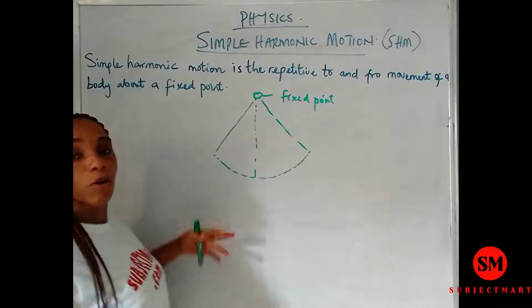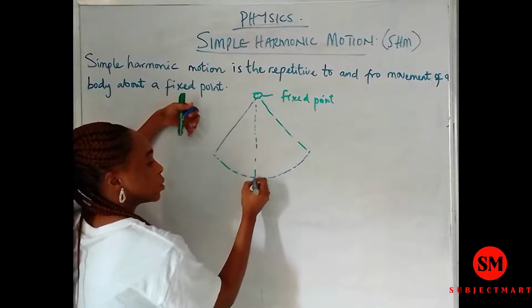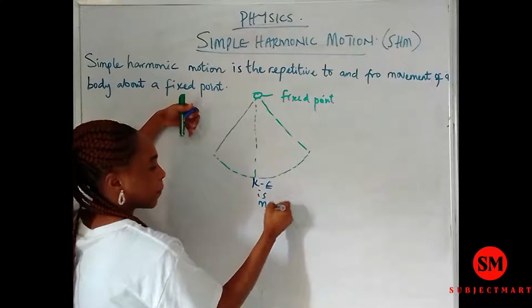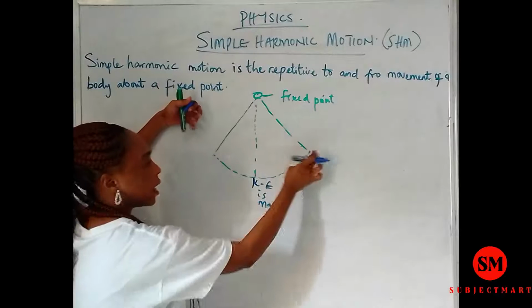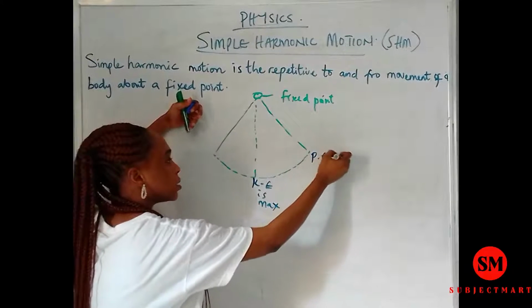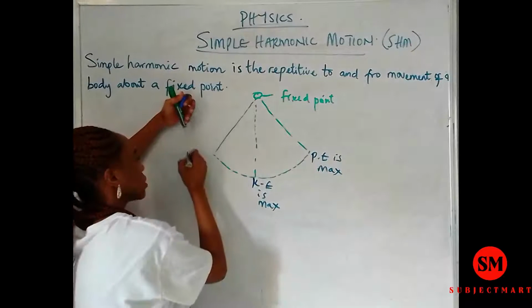Now, it's important for you to know that at this reading, kinetic energy is maximum, while at the other hand, the two hands, potential energy is greater, or is maximum.